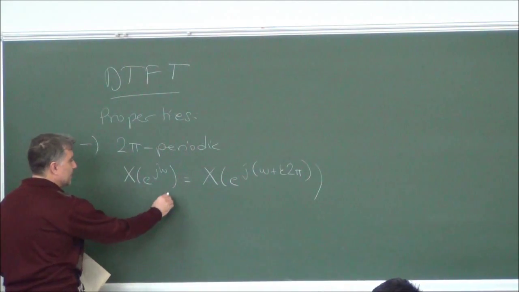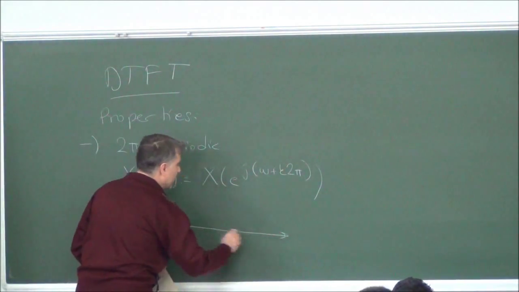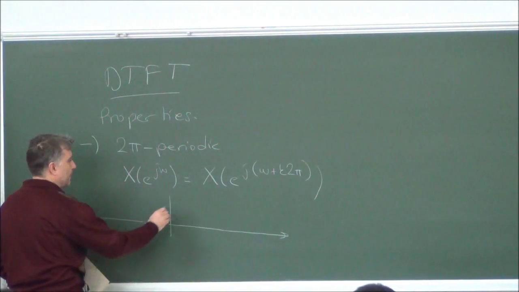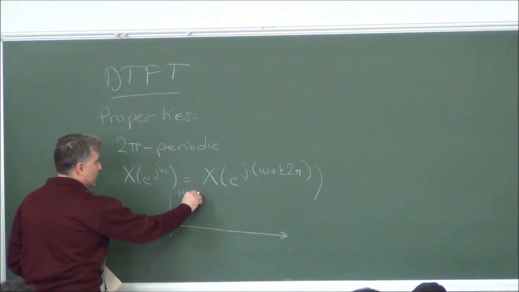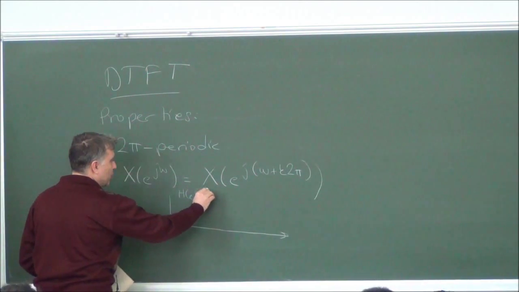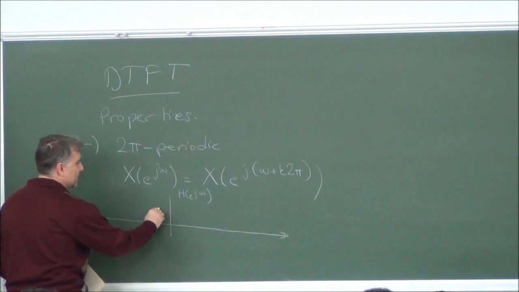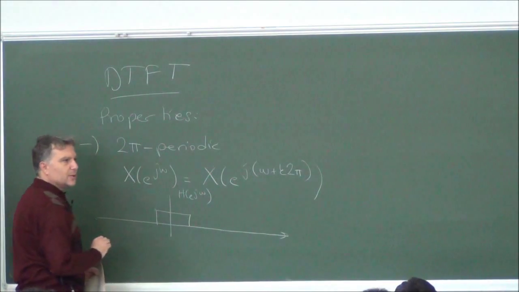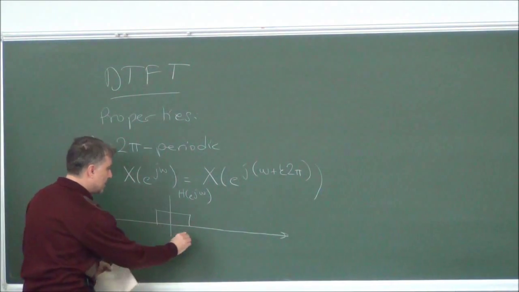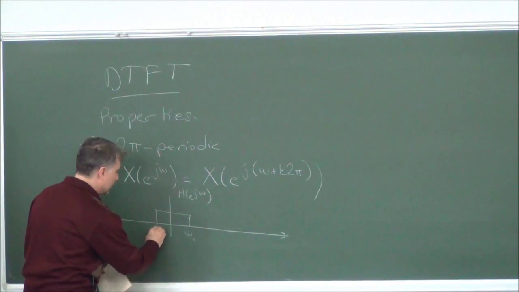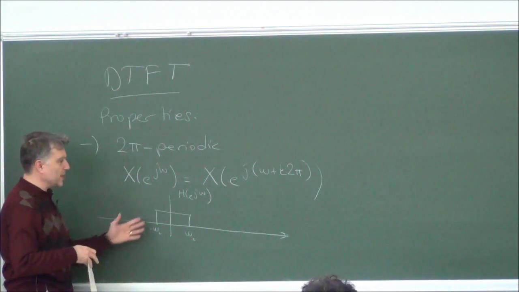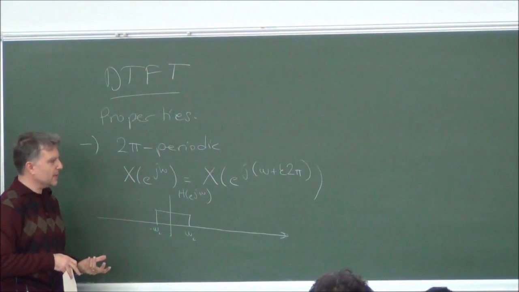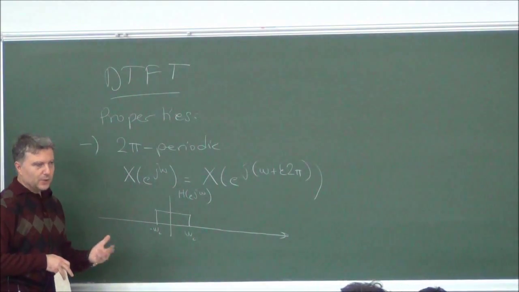Starting with this property, let's consider a low-pass filter H of e to the j omega in discrete time, a discrete time low-pass filter. What does a low-pass filter look like? It looks like this, with a cutoff frequency omega c. So from minus omega c to omega c, this is an ideal low-pass filter, right? Normal low-pass filter.